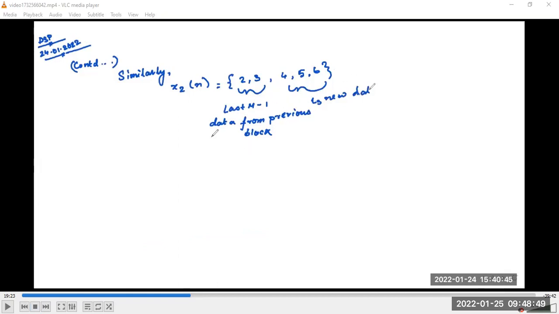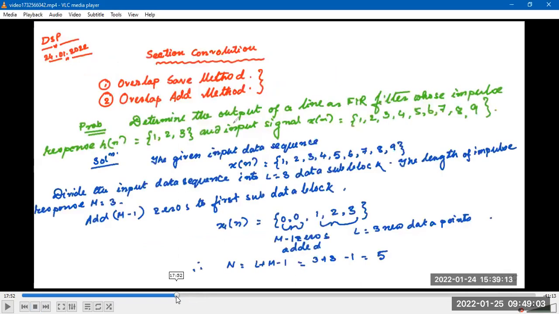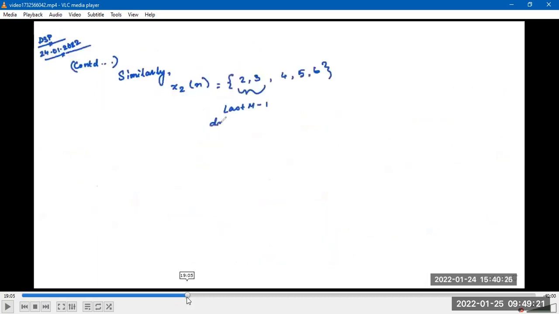The last values were 2 and 3, so 2 and 3 are repeated here, and then again the 3 new data values. So that is the process of the overlap save method.